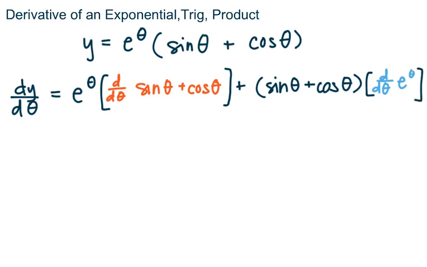So we've used our product rule to apply how the derivative is going to be spread out, and now we have two basic derivatives to calculate.